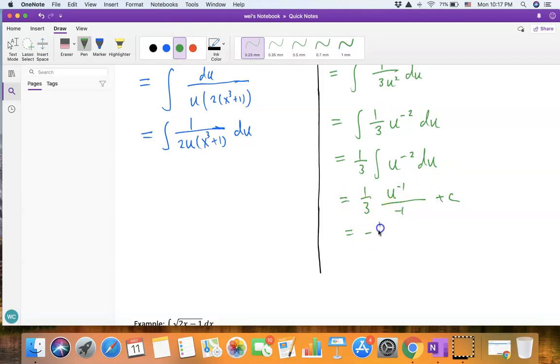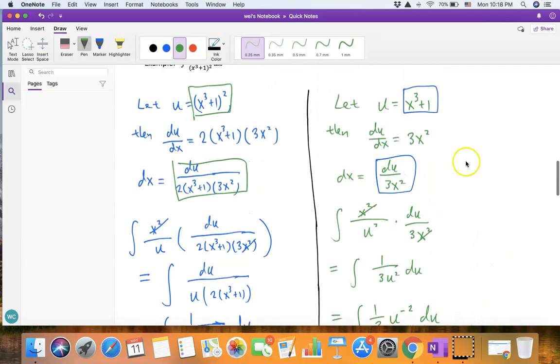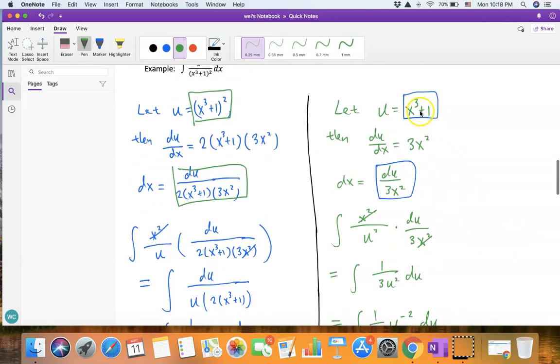We have -1/3 times u to the power of -1, which is -1/(3u) plus a constant.